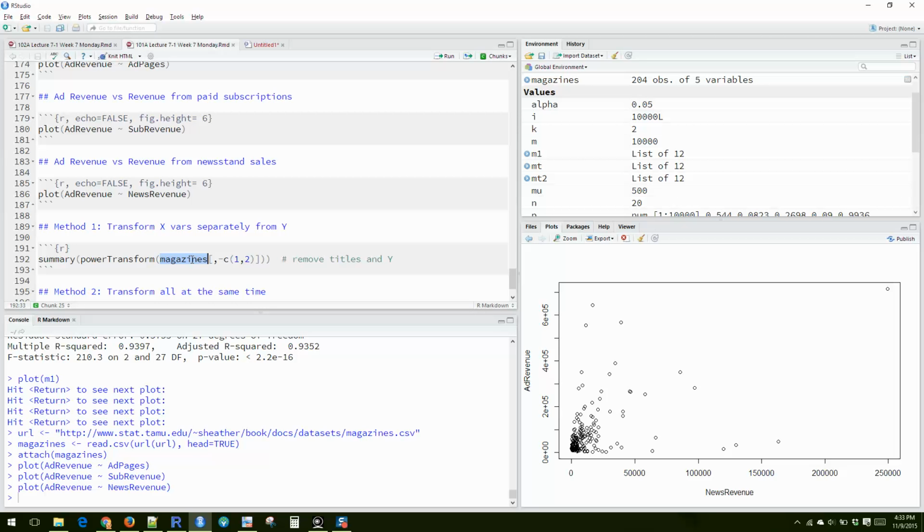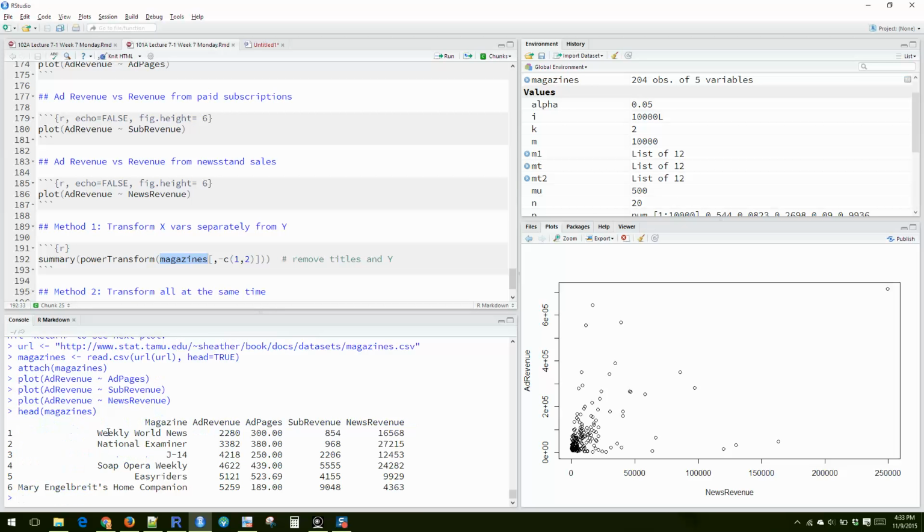In our case, our data set is magazines, so I can do head of magazines, and we can see the columns available are the name of the magazine, its ad revenue, how many pages of advertising it has, its subscription revenue, and newsstand revenue. Okay, so obviously we can't transform the magazine column, so we have to remove that.